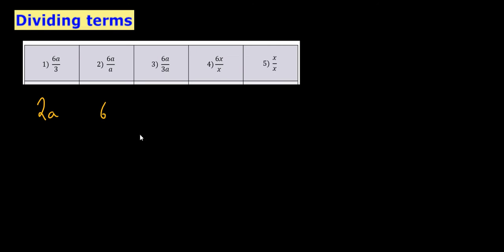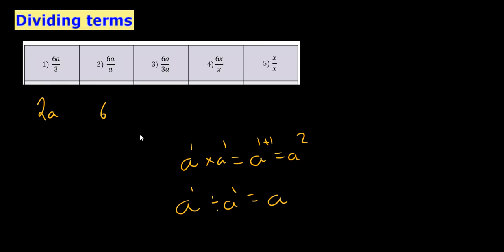And if you see what you're doing here, when you're multiplying, say for instance we multiply a times a, we add the powers to get a squared. When we are dividing, what do you think we do to the powers if multiplication and division are inverses?